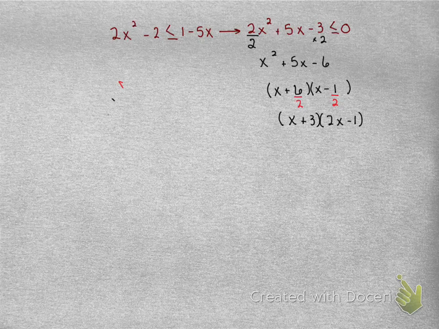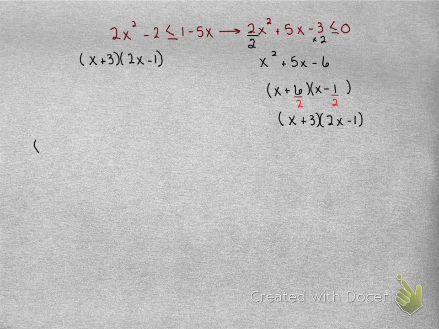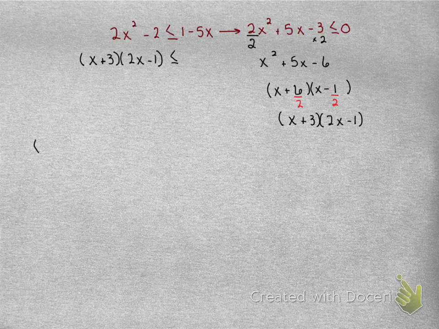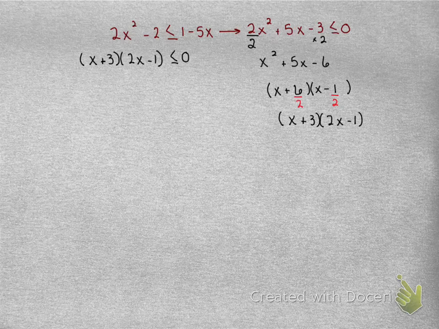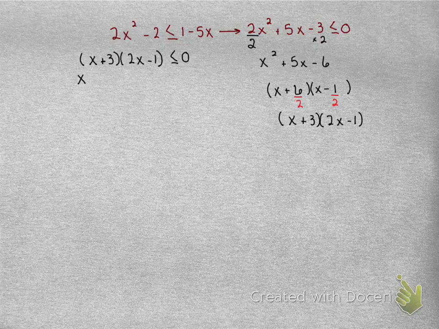And there is what we have now for our factors, which are, in this case, our critical numbers. x plus 3 and 2x minus 1.